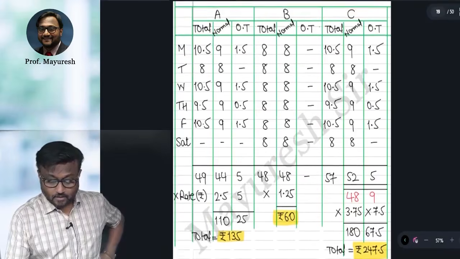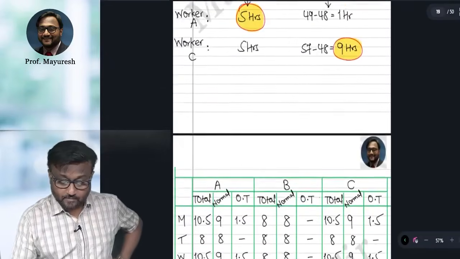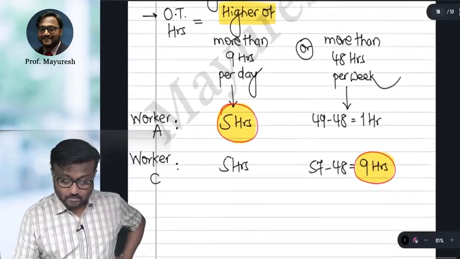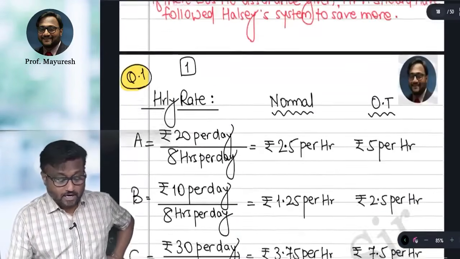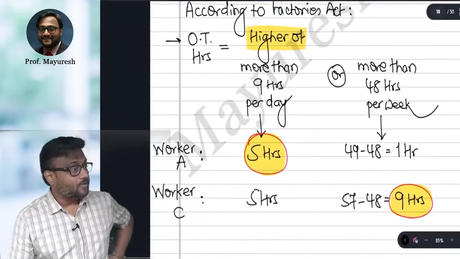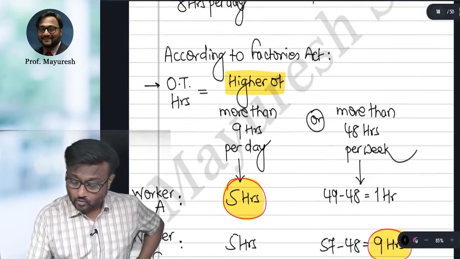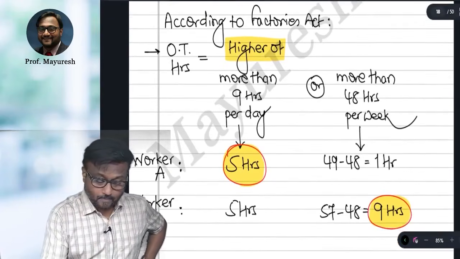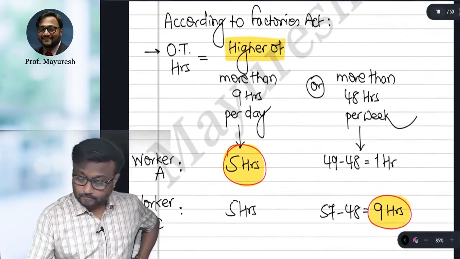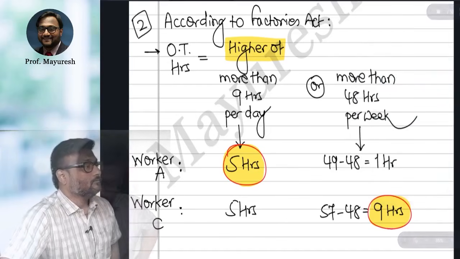Yes, sir. Copy this. Acha, have you copied this part first? Rates you have copied, right? Copy this part. That is your working note 2.